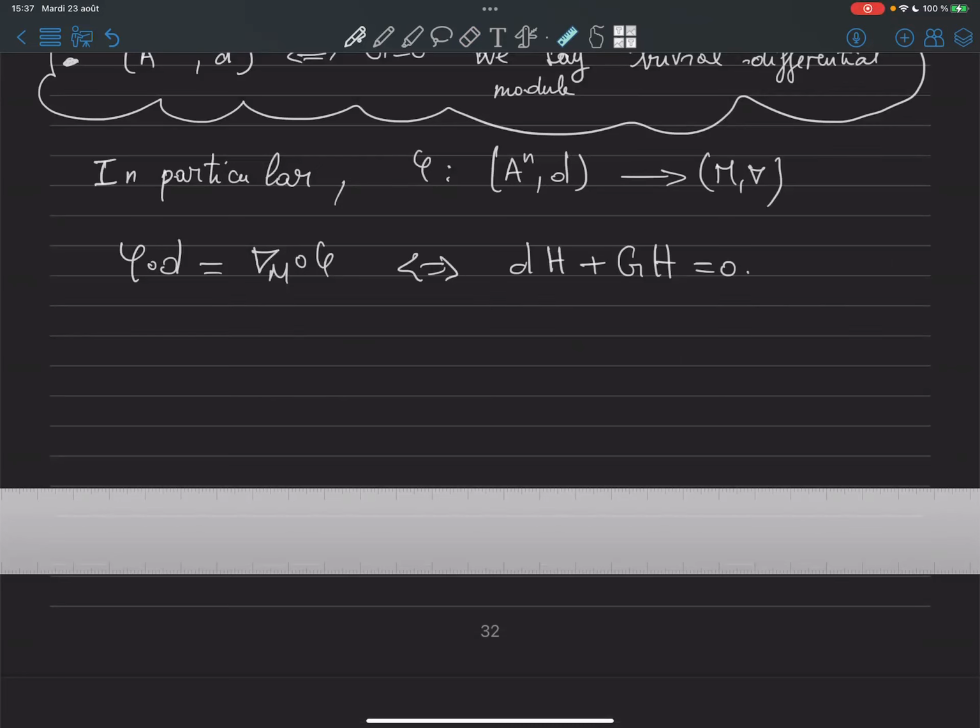This means that having such a matrix, such a matrix should satisfy that the columns of this matrix should be elements of the kernel of nabla_M.